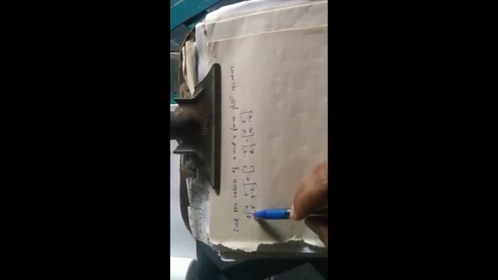scalar multiplication, where each and every element of this matrix is going to be multiplied with the 2. Then what we get: 2 into x is 2x, 2 into 5 is 10, 2 into 7 is 14, 2 into bracket y minus 3 is 2y minus 6.